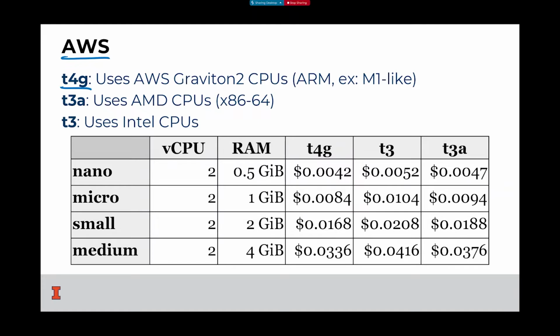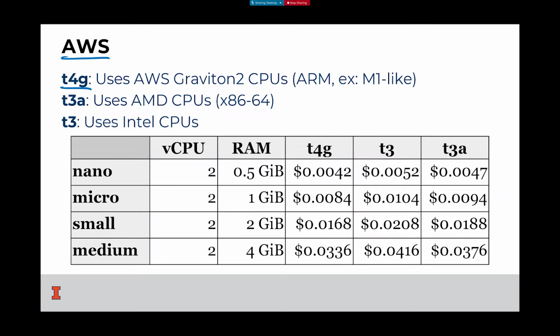Even though they're not nearly as good a PR company as Apple, Amazon is also making their own ARM chips, just like the M1 chip, and they're putting those chips into their data centers. Their version of the M1 chip is called the Graviton chip, and the Graviton 2 is the current generation of their ARM-based chip.